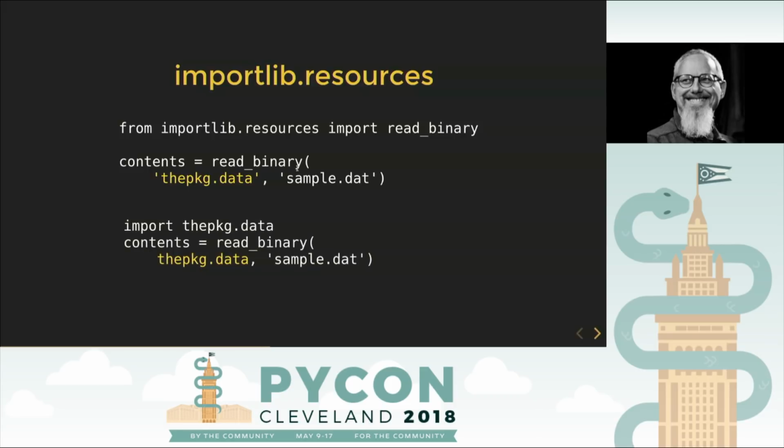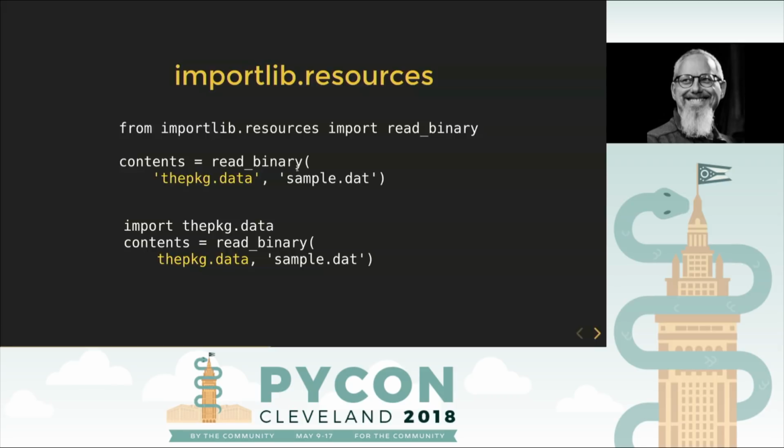The other way you can do it is you can actually import the package and pass that as the first argument. You'll see this is a very common pattern. We either accept the module object or package object as the first argument, or the string naming the package. And obviously, because we're using Python's import system, if it hasn't been imported yet, importlib.resources will import the package.